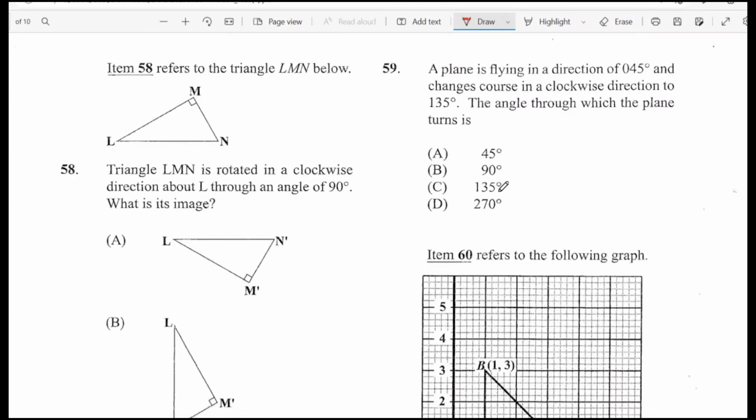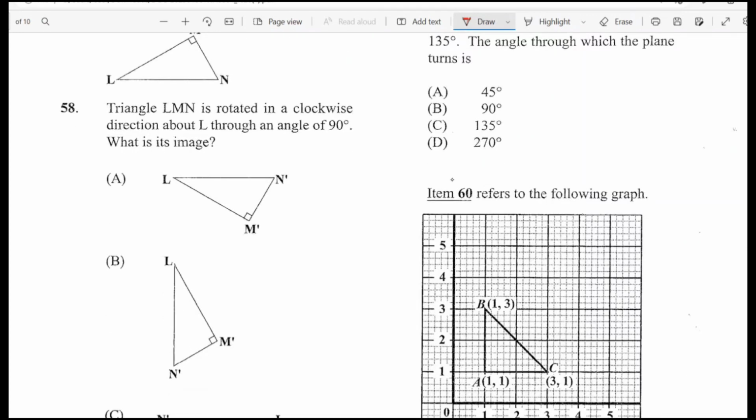58. Item 58 refers to the triangle LMN below. Now, triangle LMN is rotated in a clockwise direction, which is to move like the hand of the clock, going around like that, about L, which means that L is the center of the rotation, through 90 degrees.